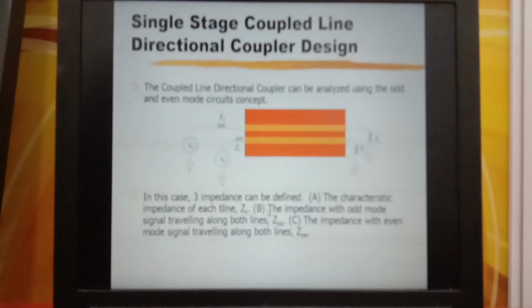We will get a different value, which is ZOO, which stands for the characteristic impedance under odd mode excitation. Similarly, under even mode excitation, the effective characteristic impedance will be ZOE, or even mode characteristic impedance. Based on ZC, ZOO, and ZOE, we can find a formula to calculate the coupling factor.